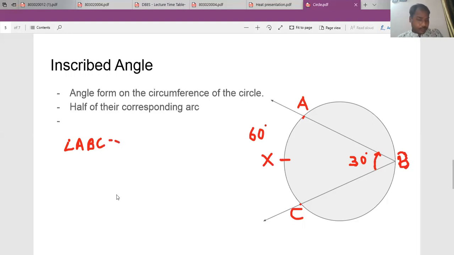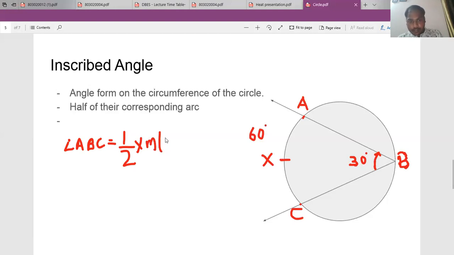Angle ABC is nothing but equal to half of its corresponding arc. So next to that we will write equal to 1 by 2 the corresponding arc, that is the measure of the arc.